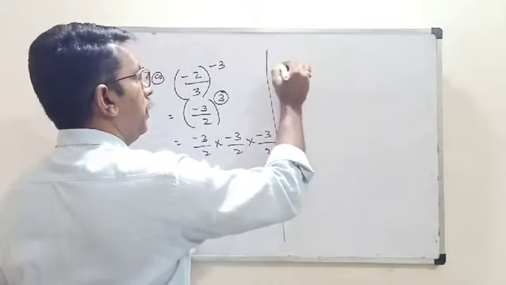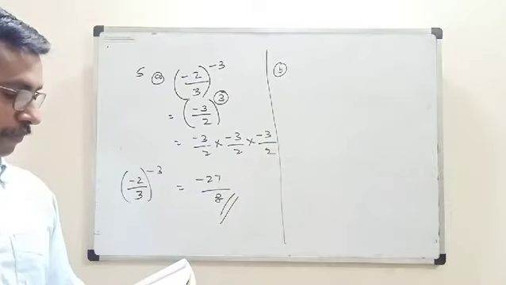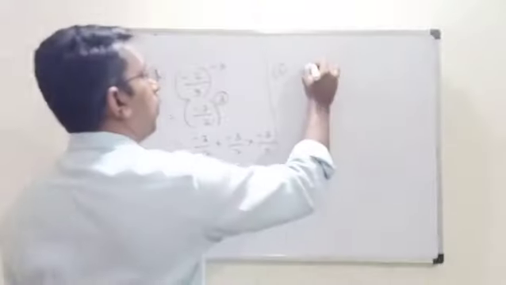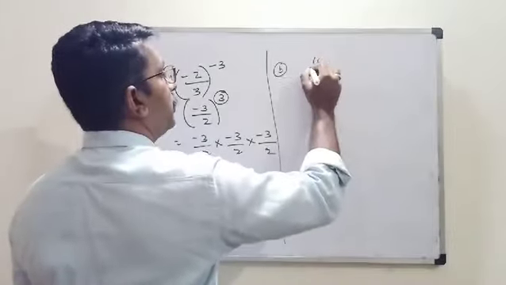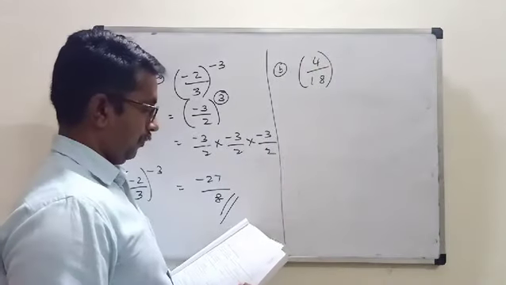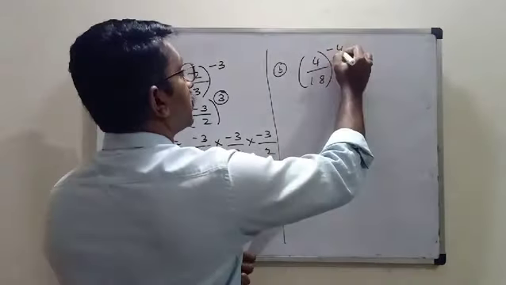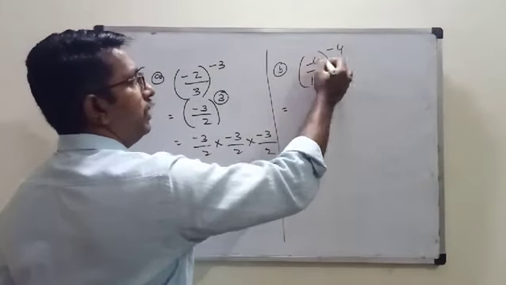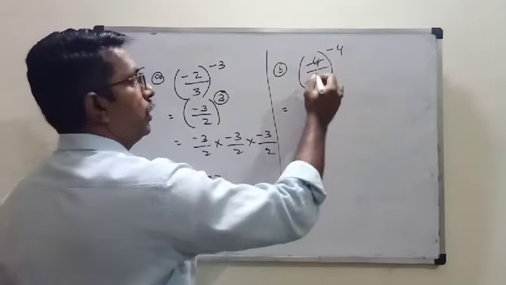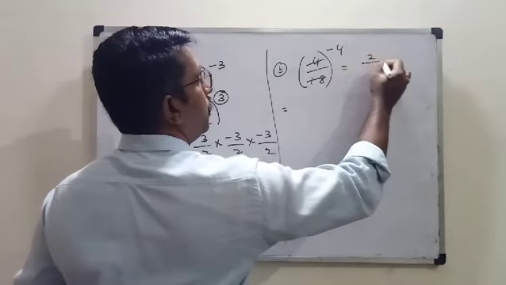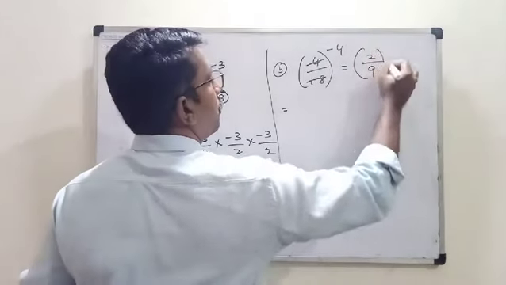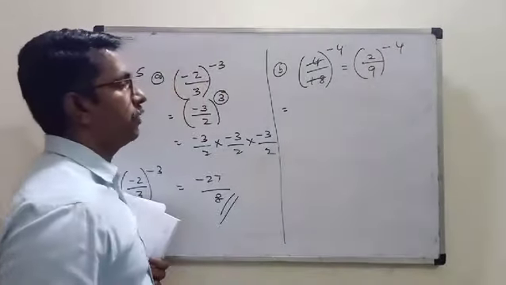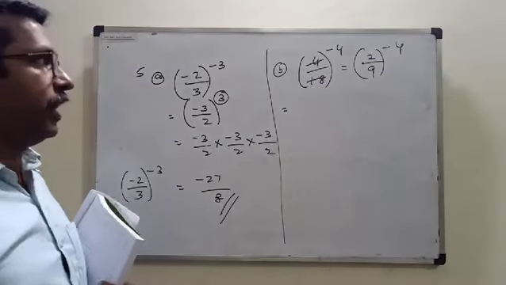Now let us see B. What is B? 4 upon 18 to the power minus 4. Look at this one. Here we can divide these two by 2, no? So it would be equal to 2 by 9 to the power minus 4. Have you understood what I did?